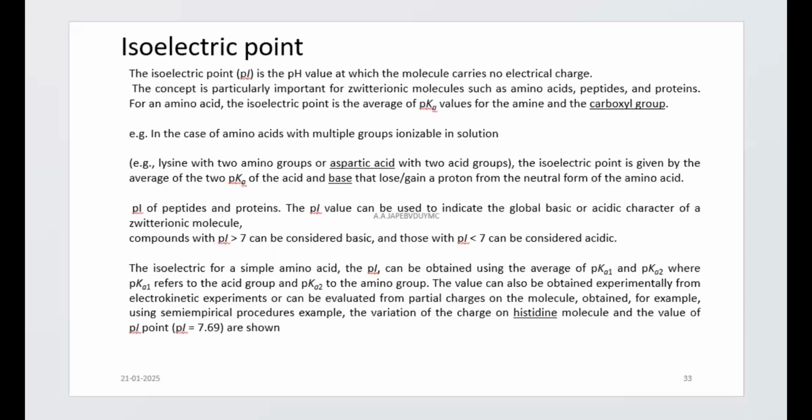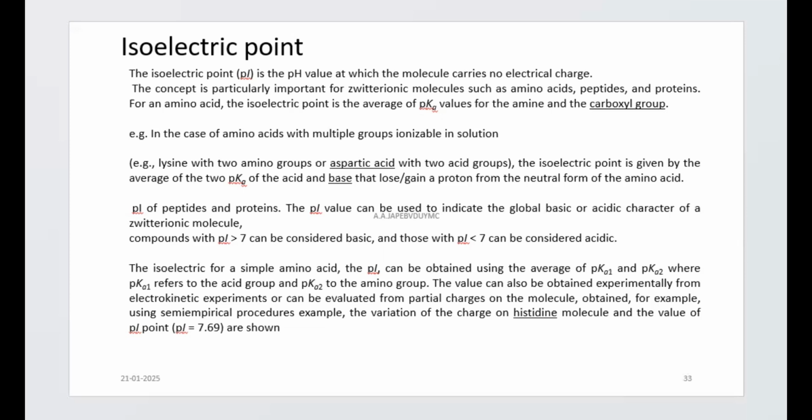The indicator for that is the pK value, the dissociation constant of the charge group on the molecule, right? So you can have pKa values for amines and pKb values for the carboxyl group, like that. But of course, one protein is going to have multiple amino acids, and each amino acid may have more than one functional group which is ionizable in solution.